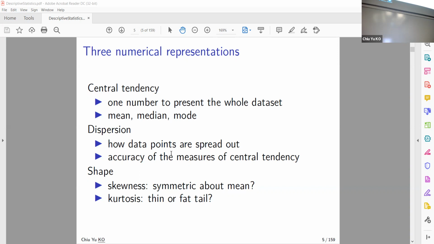In terms of business application, you can imagine that you are a hotel manager, say, or a shop owner. You look at how much customers spend in your shop. Look at the mean data, which tells you how much they spend. Look at the dispersion data, say range, interquartile range, variance, which we cover today. Then you see how accurate the mean is.